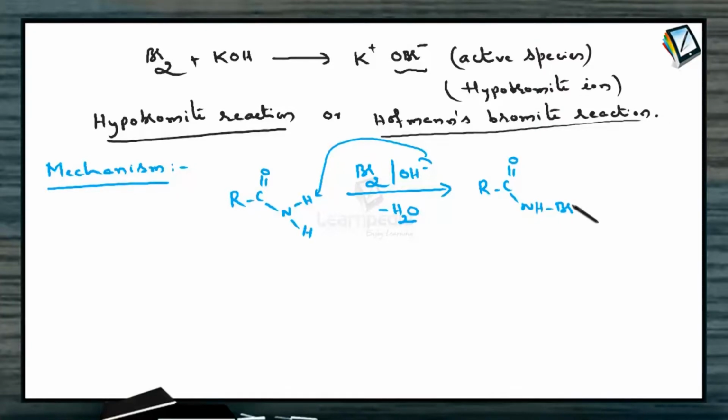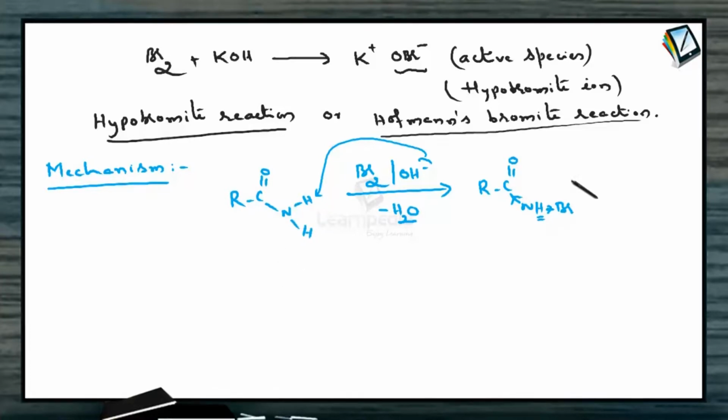Now this bromine halogen pulls this electron pair towards itself, and the C double bond O group, being an electron pulling group, also pulls this electron pair towards the carbon. Hence this hydrogen attached to nitrogen is much more acidic than the hydrogen attached to nitrogen of the amide.